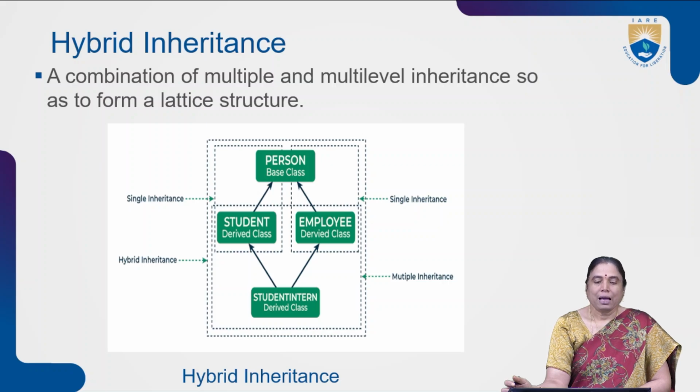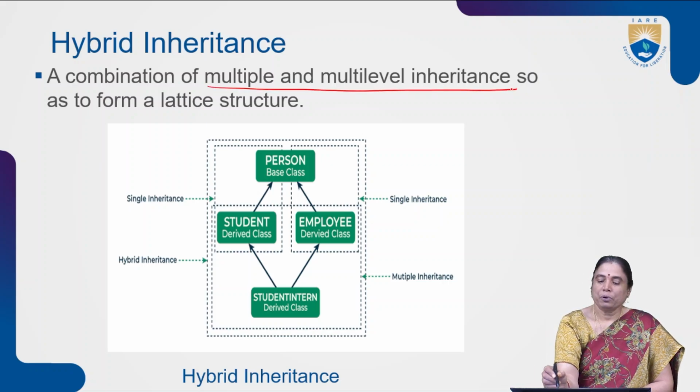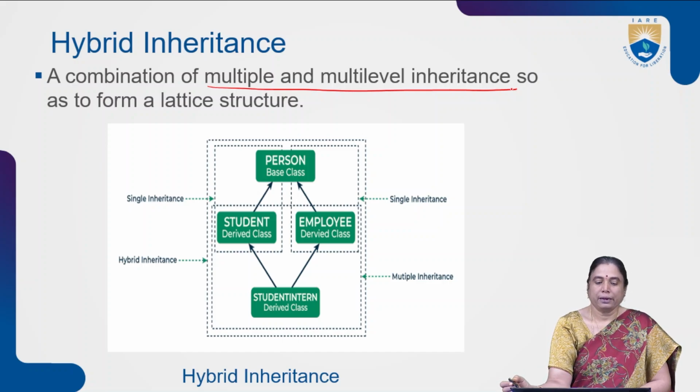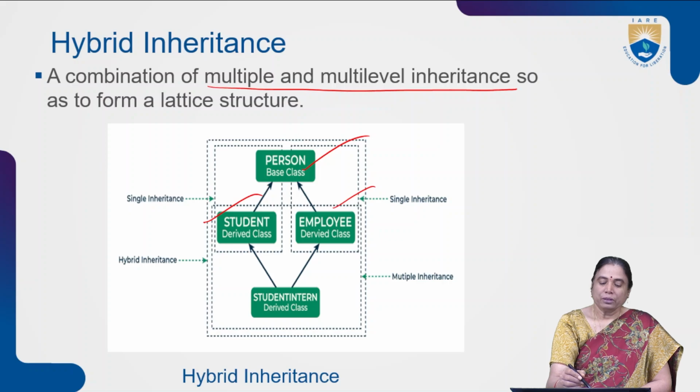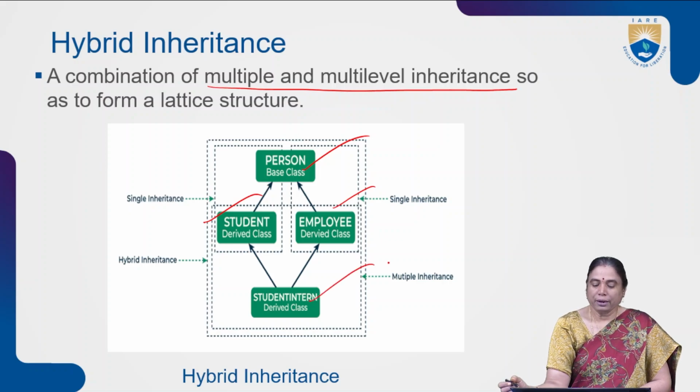Next type is hybrid inheritance. It is a combination of multiple and multi-level inheritance so as to form a lattice structure. Consider an example, person. This is the base class from which student and employee are the derived classes, from which the next level, student intern, is derived.